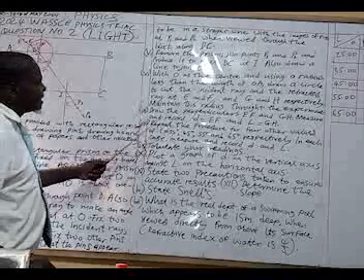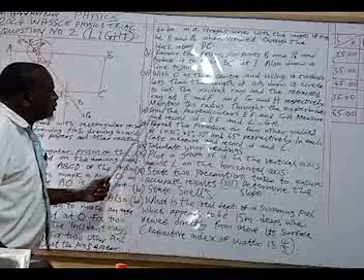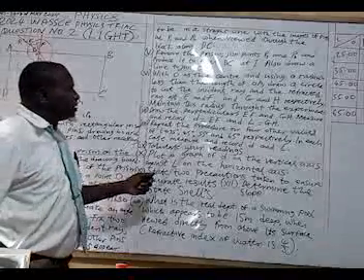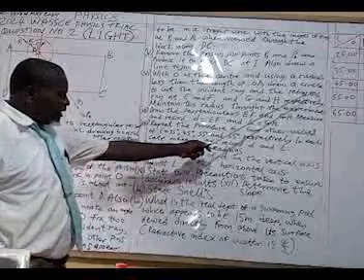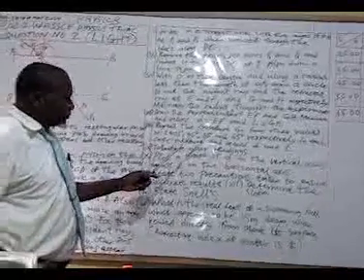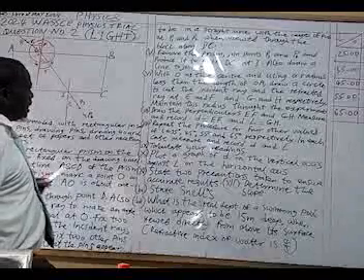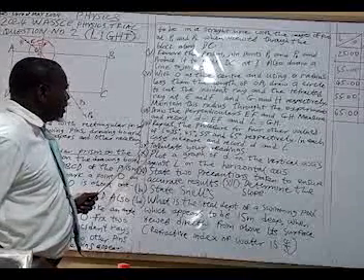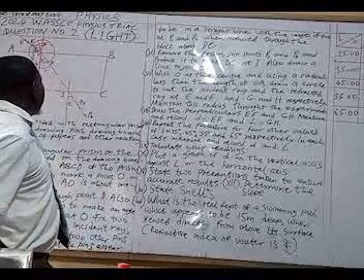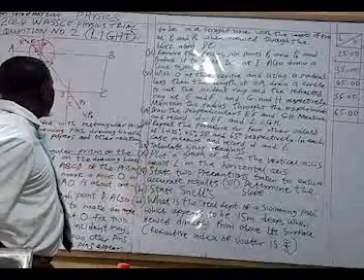With O as the center and using a radius less than the length of OA, draw a circle to cut the incident ray and the refracted ray at E and F. This is E, F, this is G and H. Measure and record D, which is EF, and L, which is GH.